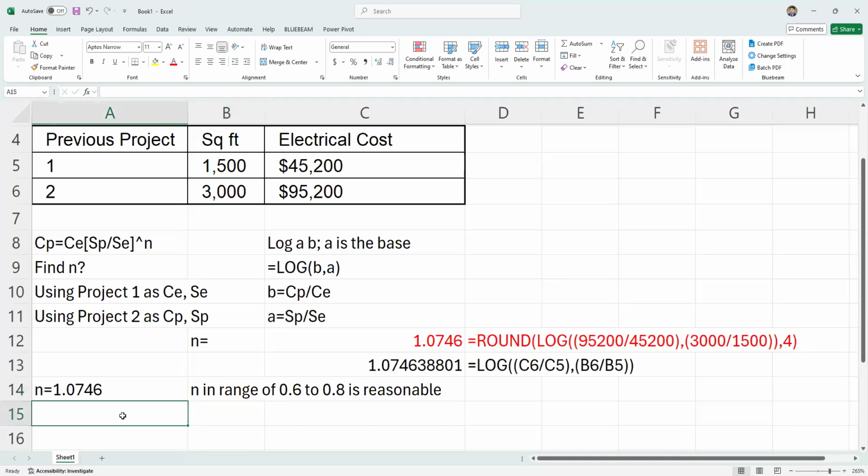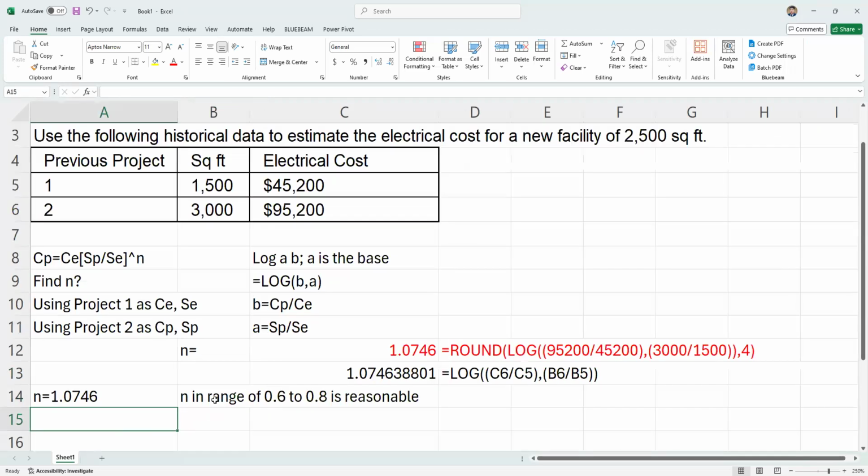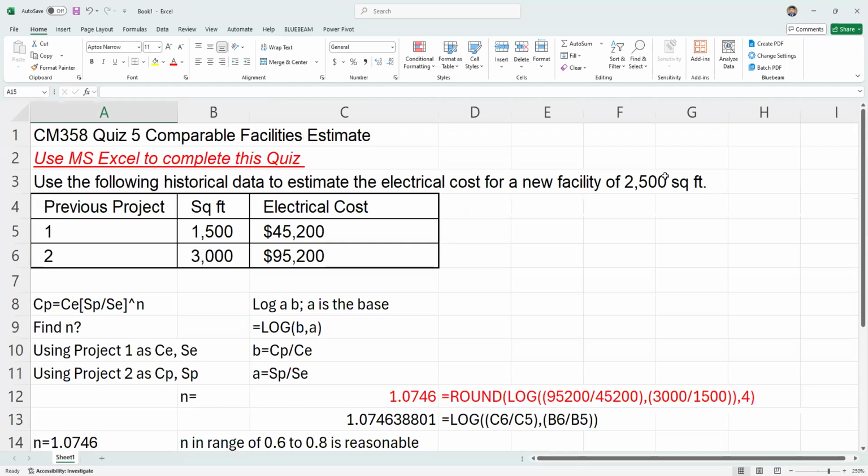Now we're going back to determine the project's cost. So we have this one, 2,500. What's this number? We're going to use the equation here to find the cost for your proposed one. This will be the size of your proposed.